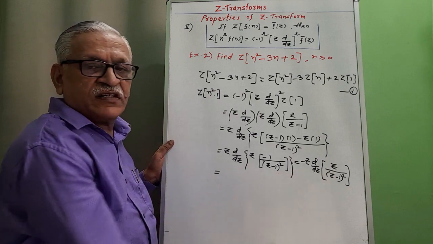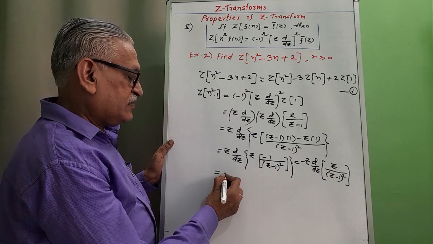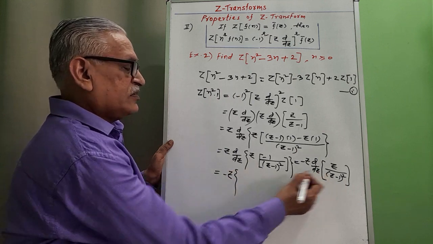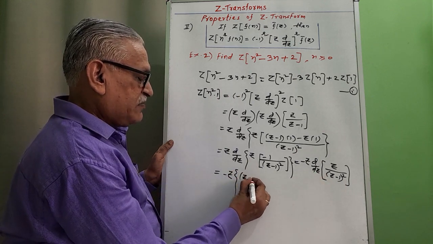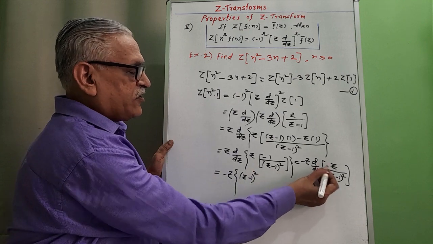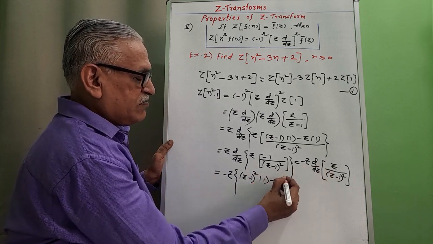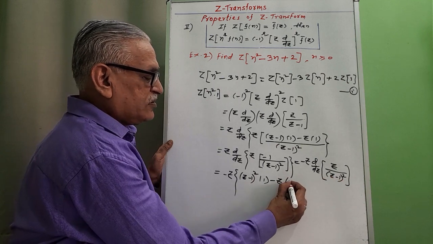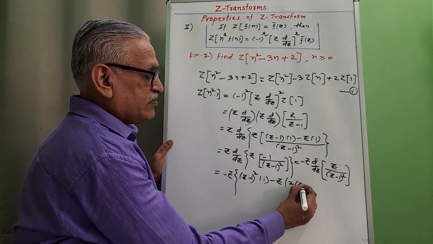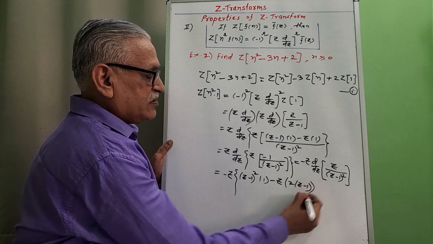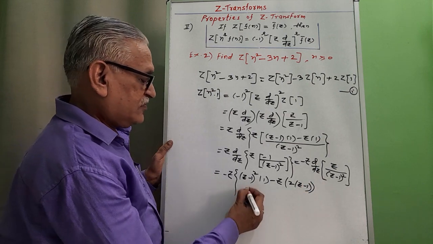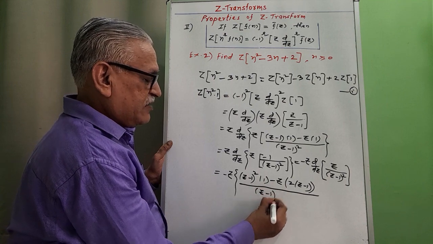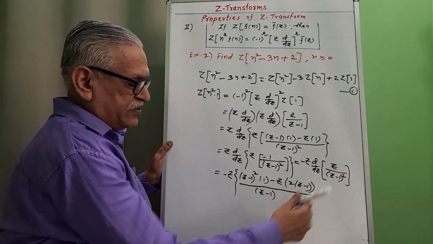Again differentiating it with respect to z, minus z, no change. z minus 1 whole square, derivative of z with respect to z is 1, minus z, differentiation of this term is 2 times z minus 1, and the whole divided by z minus 1 square of it.